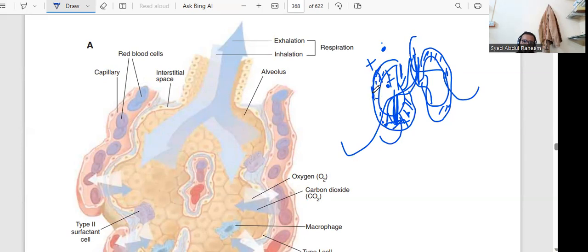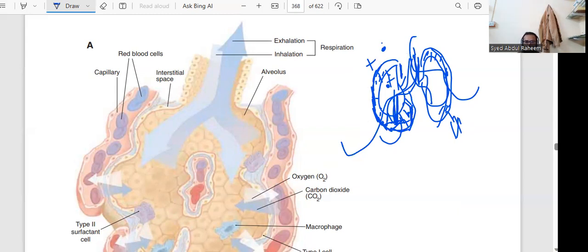So the pleura has the capacity to stop the inhalation, because if the lungs expand continuously, what will happen? They will collapse. The atmospheric pressure will collapse the lungs. So that's the reason we need something to stop it, and that thing is the pleura. Okay, understood?